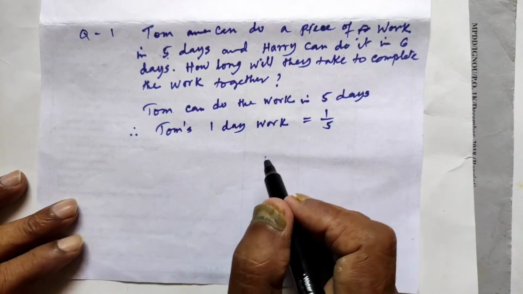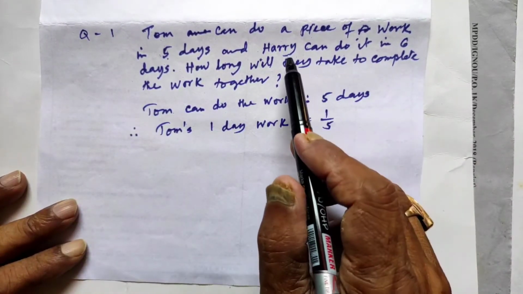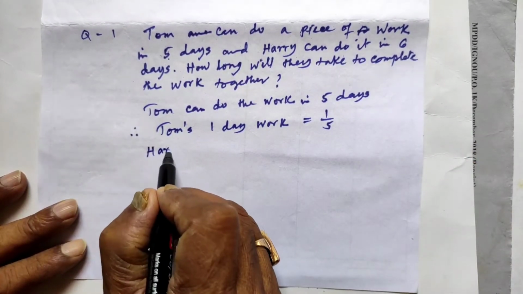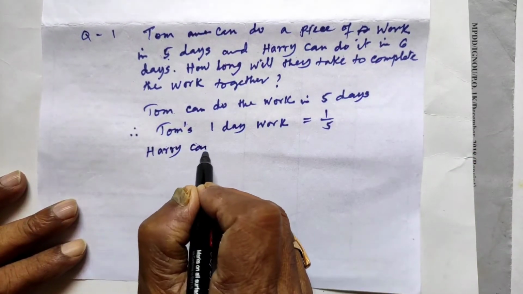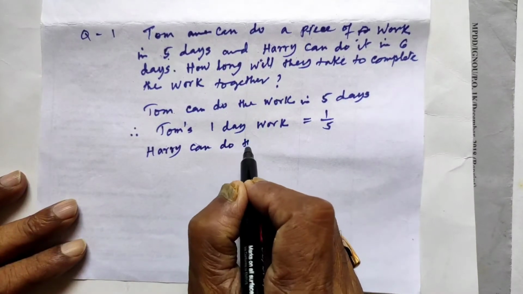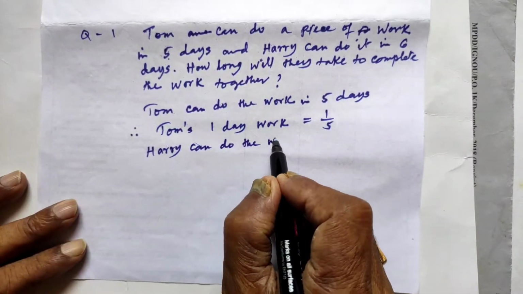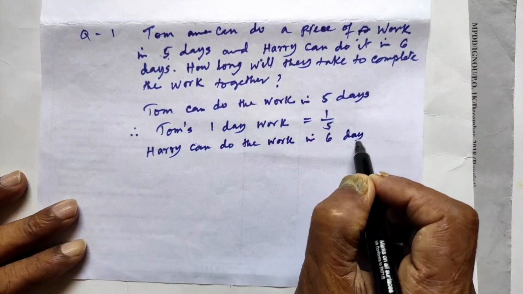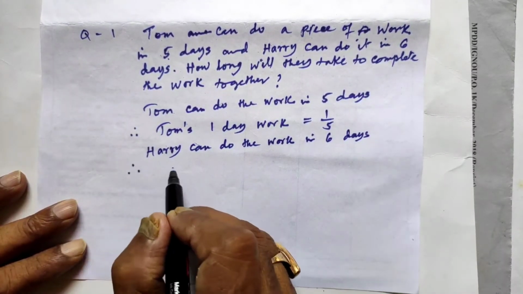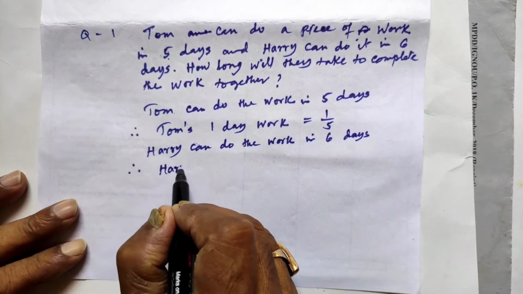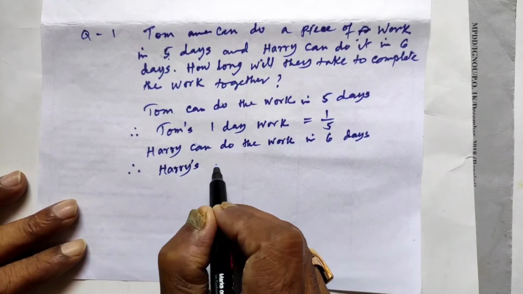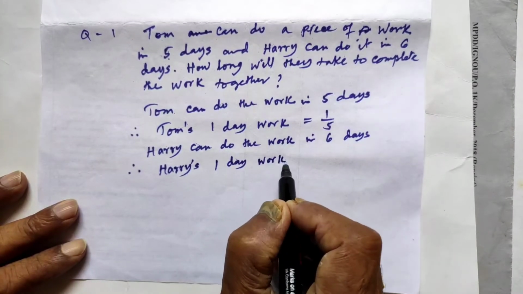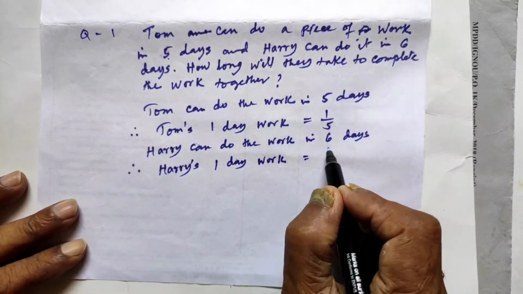Again, we can see that Harry can do the same work in 6 days. Therefore, Harry's 1 day's work equals 1 by 6.